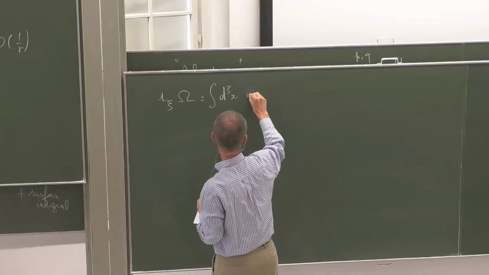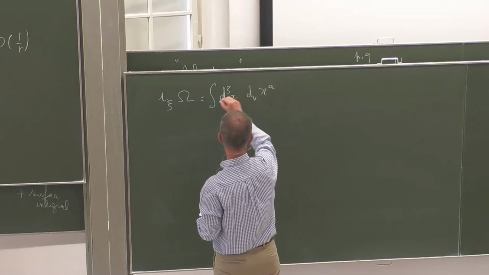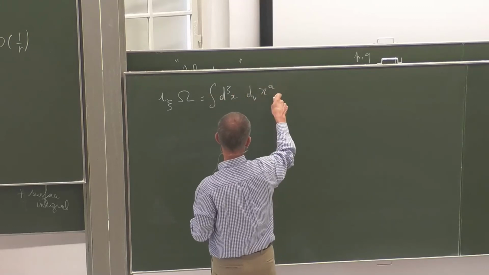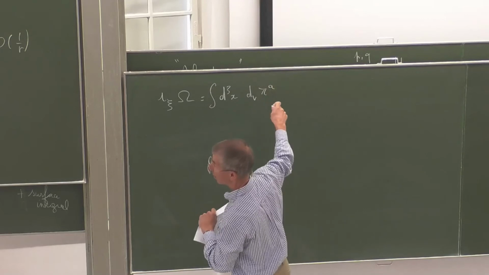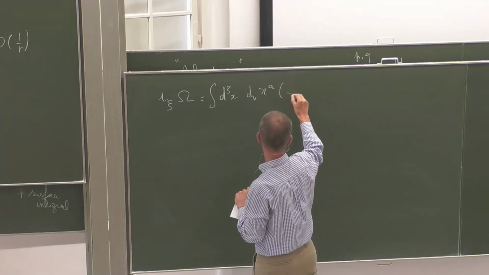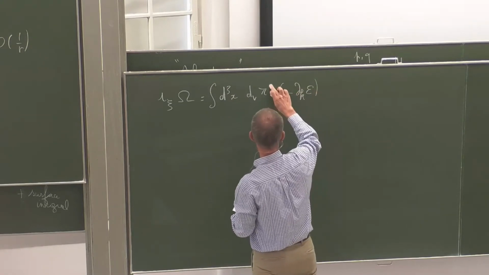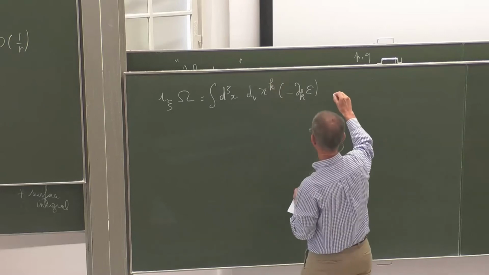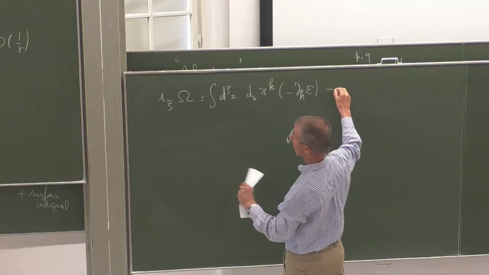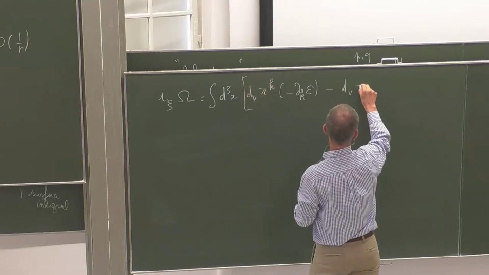So pi^a does not transform. But here I will get a minus sign because I have to pass through the first one-form. Then I get minus d_k of epsilon, and there was a k here. And then I get the same thing with a minus sign for the same reason, d_V pi^0, eta.